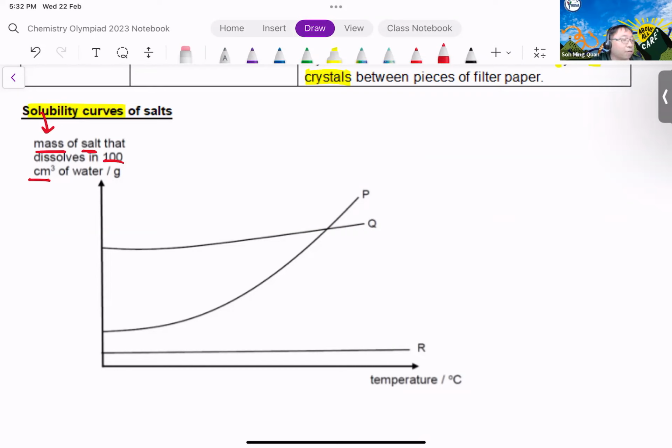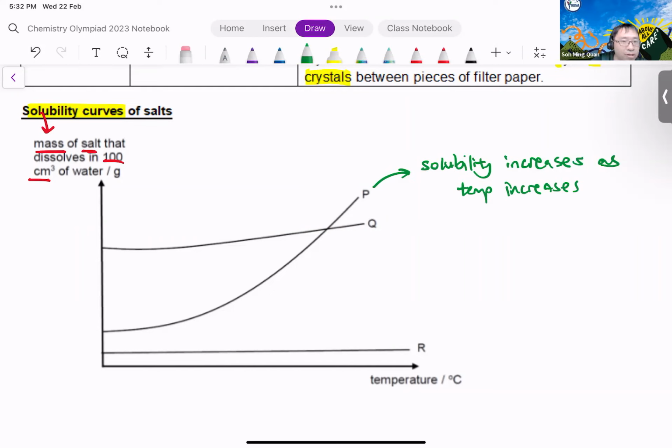It's quite clear for P, the solubility increases as temperature increases. Okay? P is a typical salt, like copper(II) nitrate, copper(II) sulfate. So these common salts will just follow graph P, where solubility increases as temperature increases.